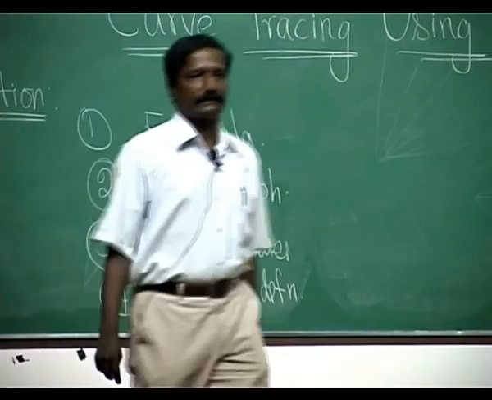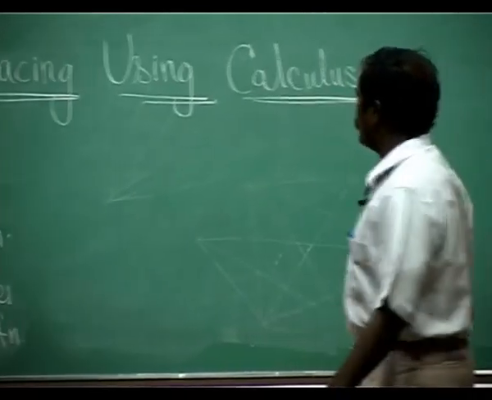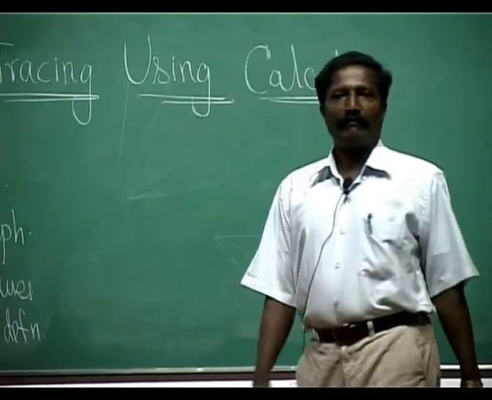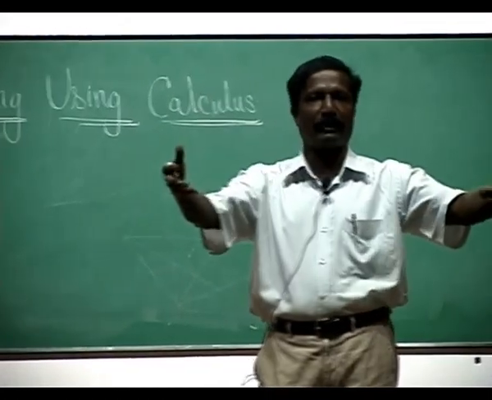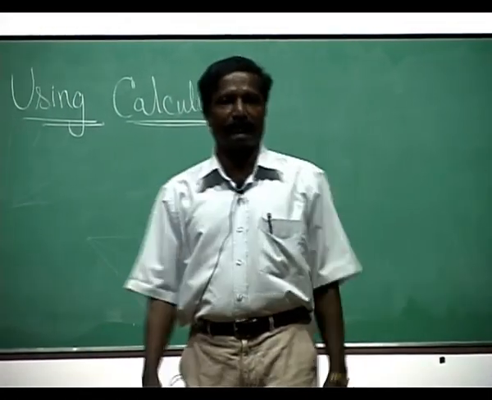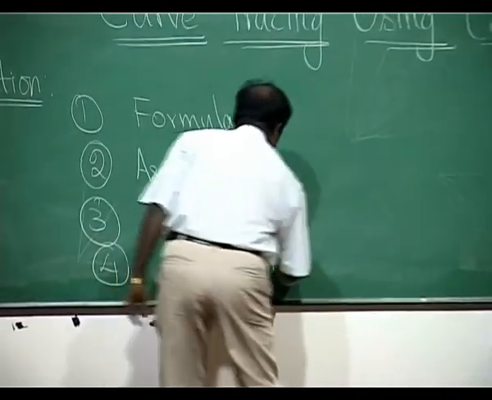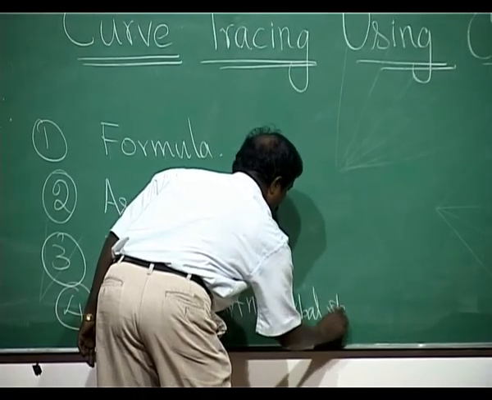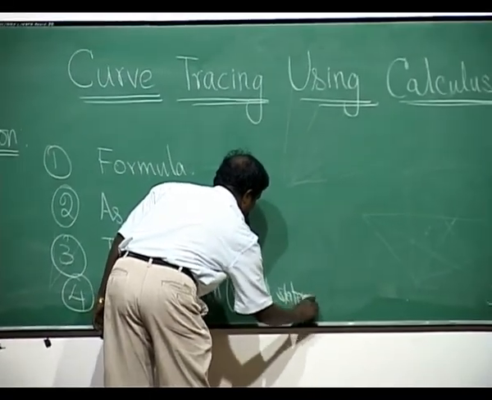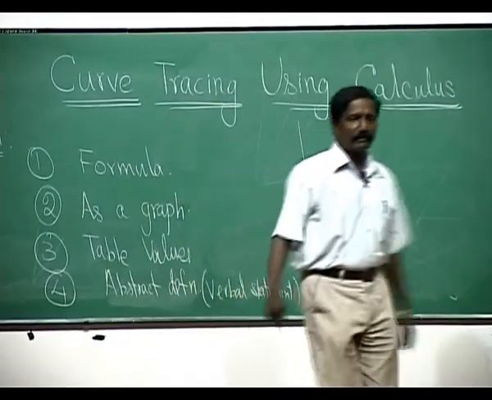These are the four ways. A verbal statement, which we may not be able to transfer in terms of formula or graph or those kind of things. So that's what I mean by abstract definition. Or maybe, as you said, a verbal statement, out of which we know the one given by formula.